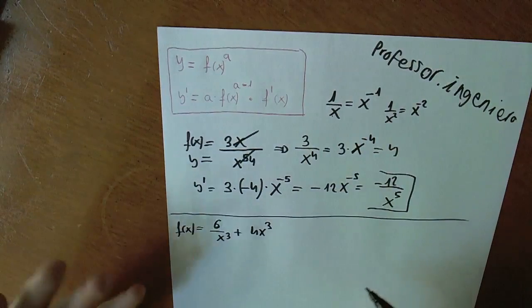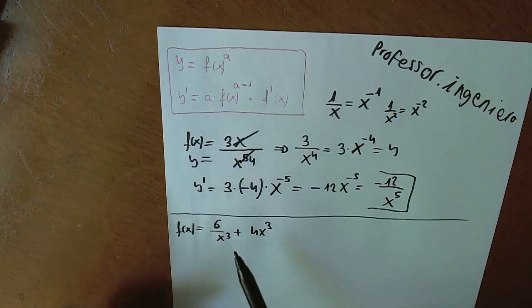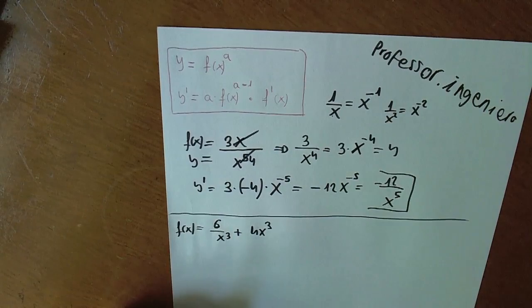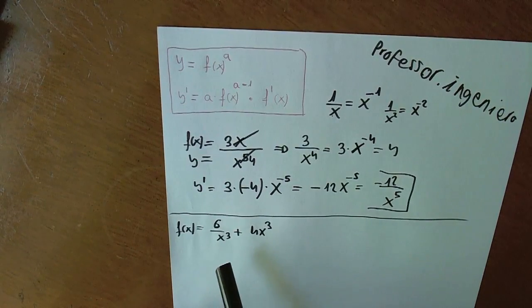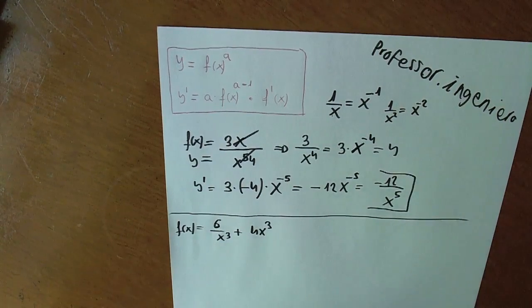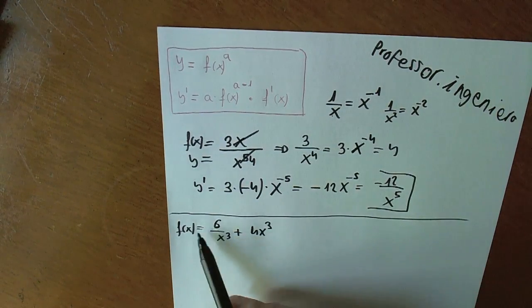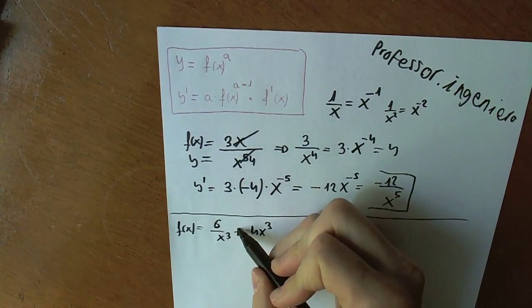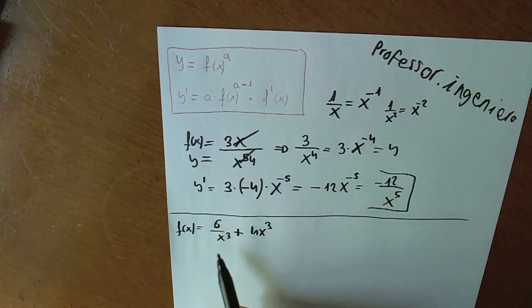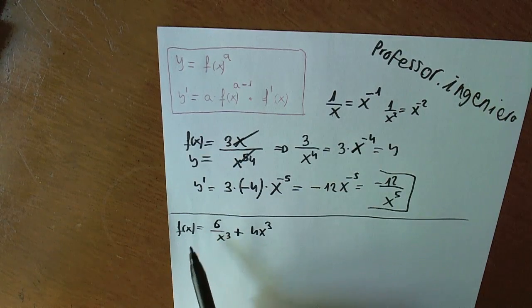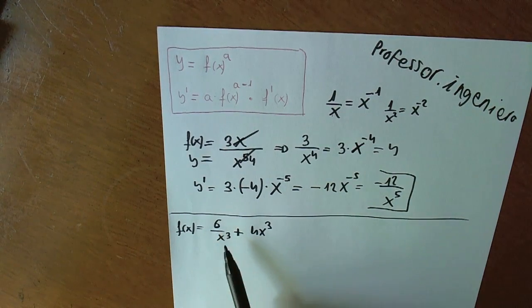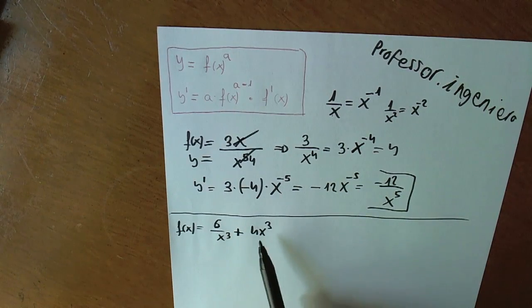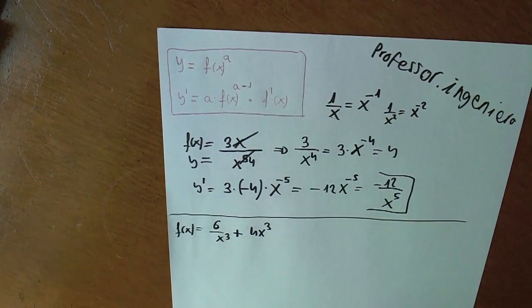Okay, I haven't done yet this video about the properties of the derivatives, but in the next video I will do it. If not in the next one, in 2 more videos I will explain all the properties. But by now, if we have an addition here and we have 2 different functions, if we want to calculate the derivative, we calculate it from the first function and then for the second function, and we just add them separately.